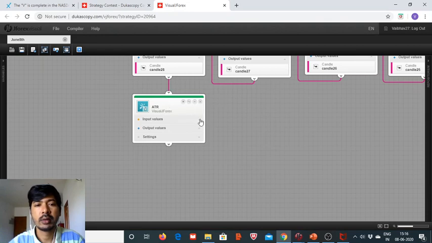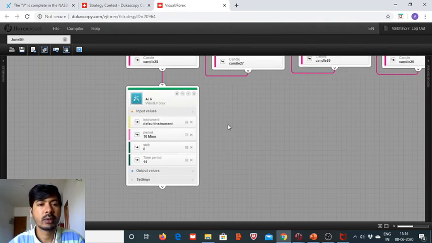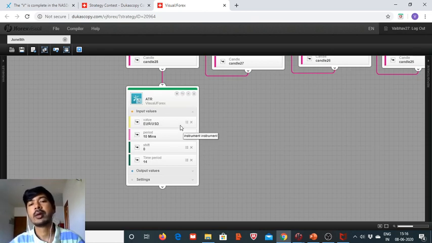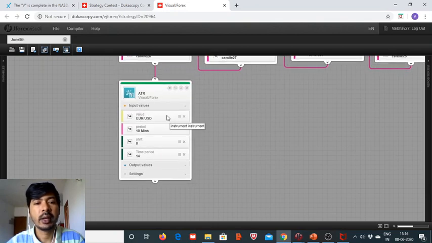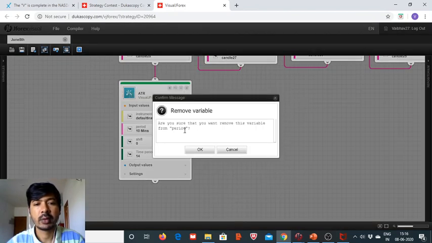So here input values, we will take hourly ATR here, so that we keep abreast of the latest volatility.